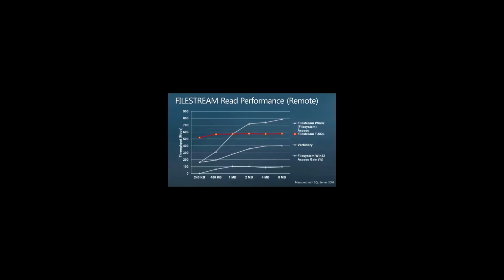Basically what we see is that if I read the FILESTREAM through the file system using either the FileTable APIs or the FILESTREAM APIs, then starting at about 200 kilobyte file sizes, it is better for reading performance to have the data inside a FILESTREAM. If I put the data into a FILESTREAM column and then access it using T-SQL, the cutoff point is around 1 megabyte.